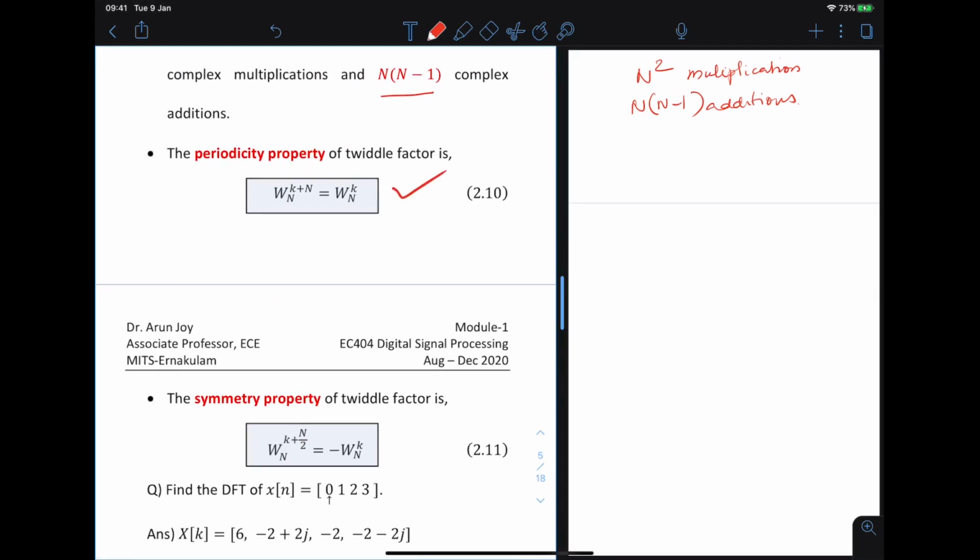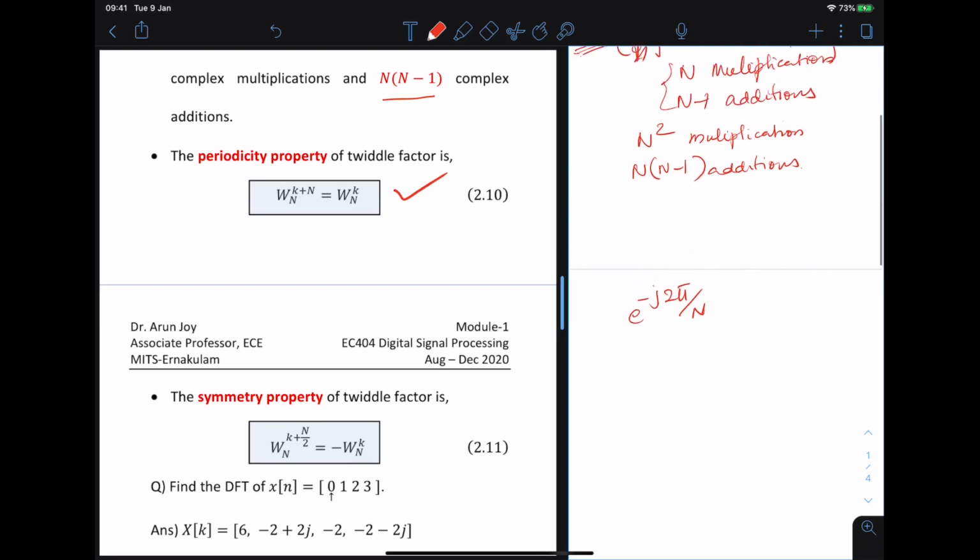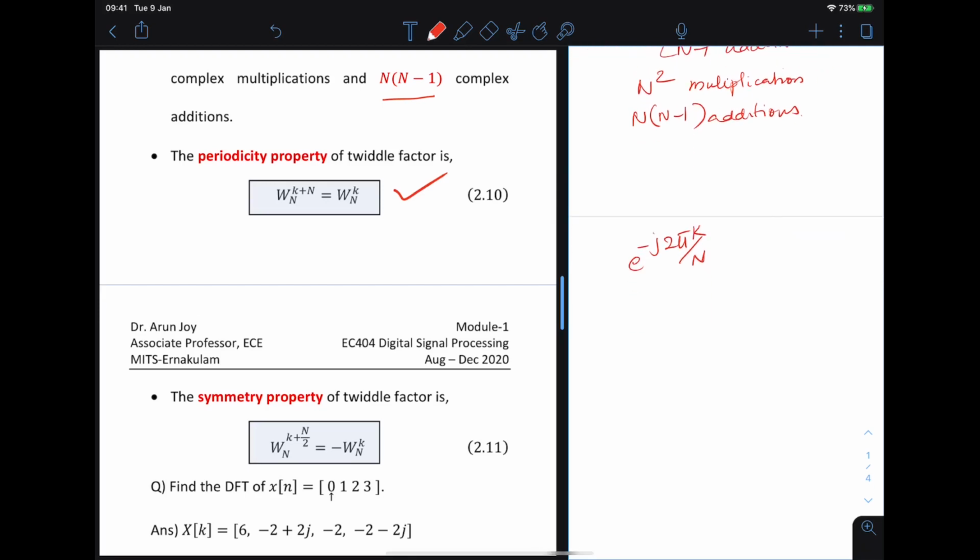Wn is e raised to minus j 2 pi by n. So Wn raised to k will be e raised to minus j 2 pi by n into k. Now let me take Wn raised to k plus n. That is equal to e raised to minus j 2 pi by n into k plus n, which is equal to Wn raised to k into e raised to minus j 2 pi.